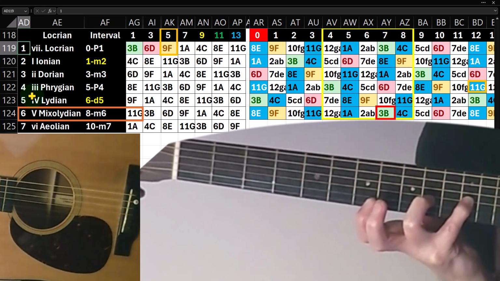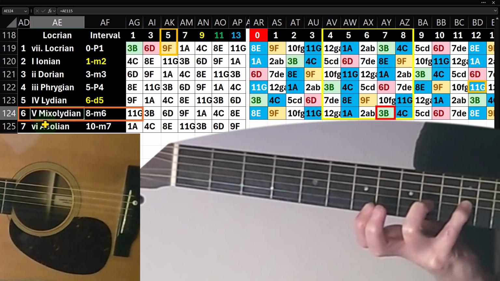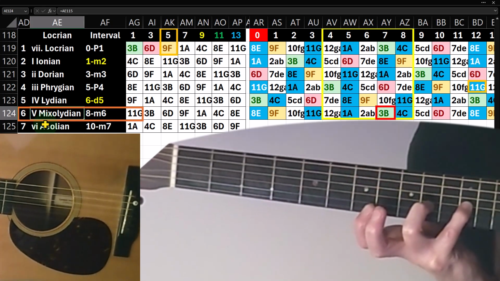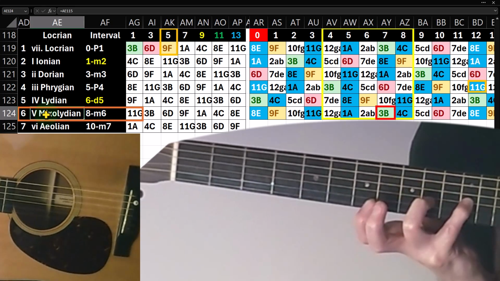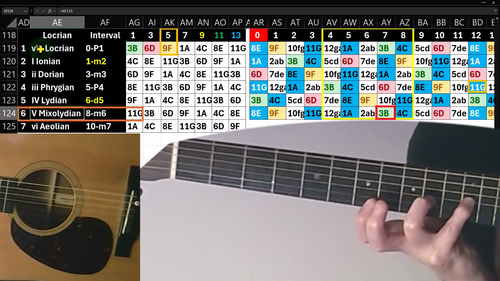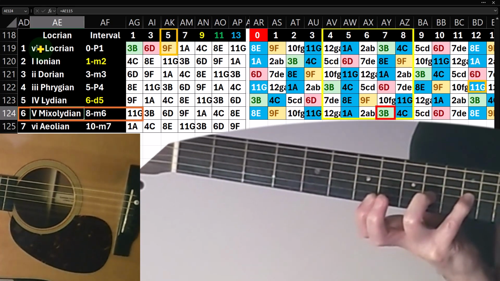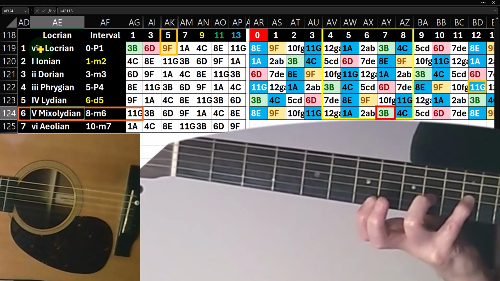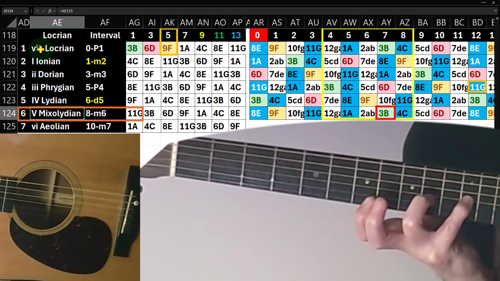Or from the perspective of the modes, it would be going from absolute mode number 5, which is the relative position to the relative scale Mixolydian mode, to absolute mode 7, which would be the 7th of the major scale, Locrian mode. Okay, and so that has a distance of a 4-note away major third.